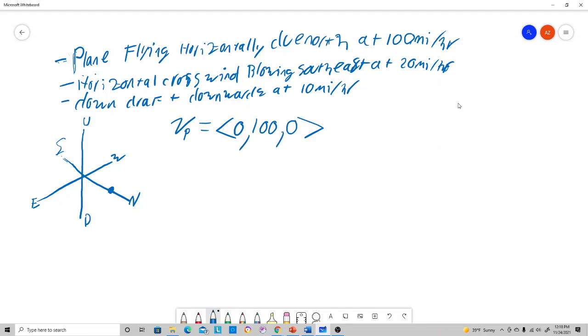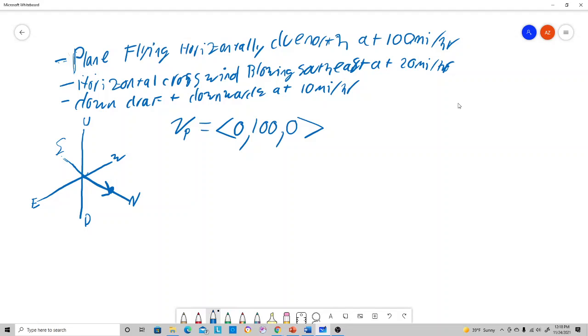Okay, so now the next vector that's affecting the plane: the horizontal crosswind blowing southeast at 20 miles an hour.